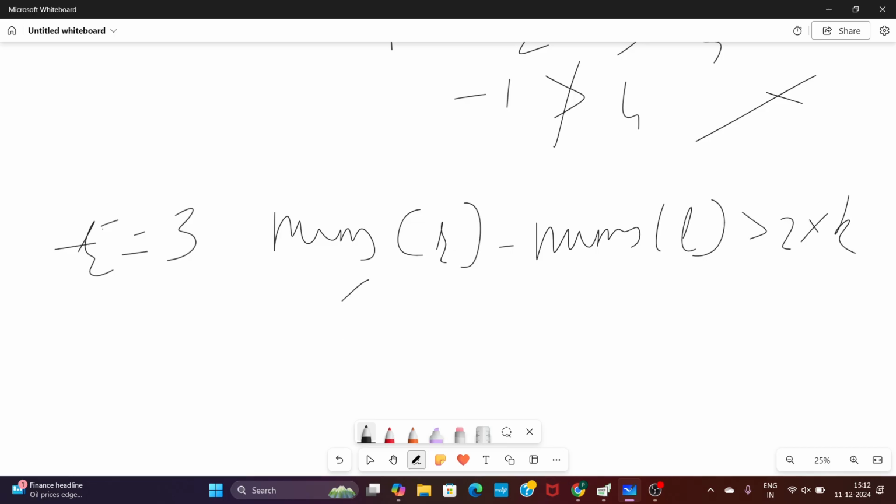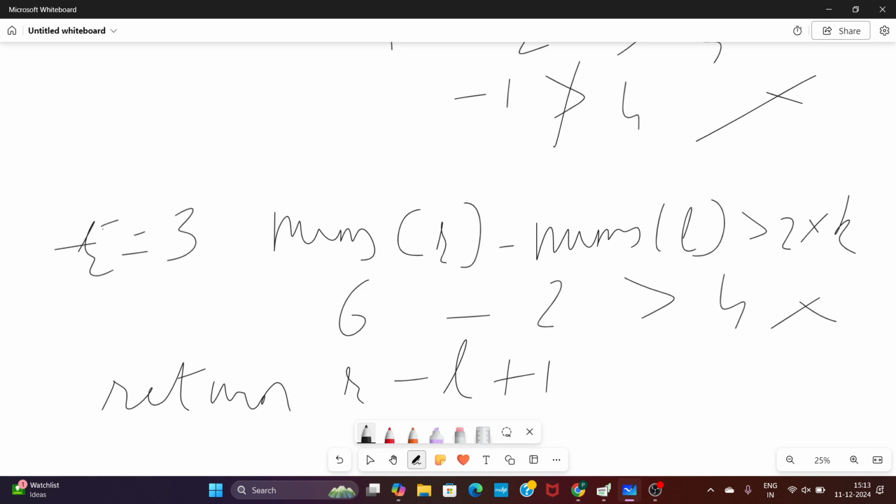R is 3, so nums of 3 is 6, and L is 0 only, so nums of 0 is 2. 6 minus 2, is it greater than 4? No. So our condition holds false over here. So in this case, we simply return R minus L plus 1.